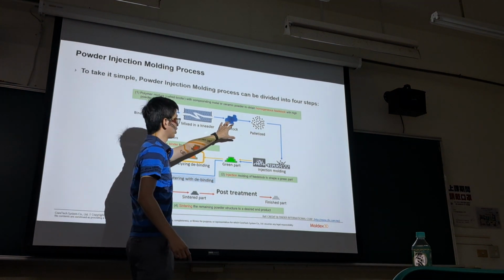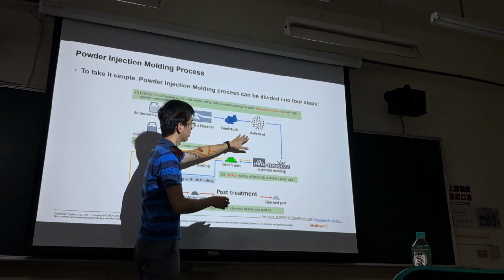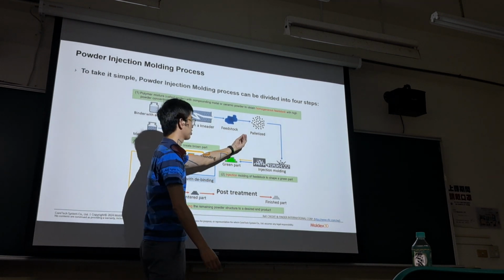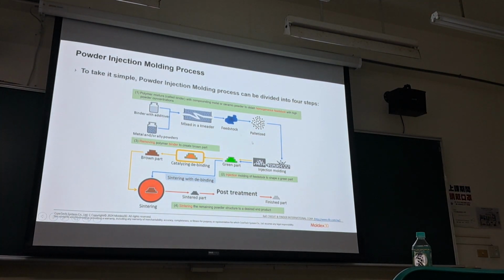And then we want to make it into several tiny or small pellets. Through that, you are able to put those pellets into the injection molding machine.